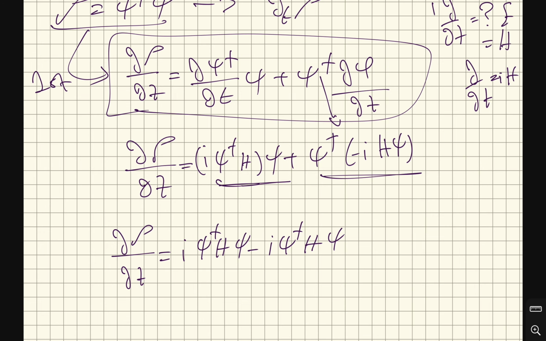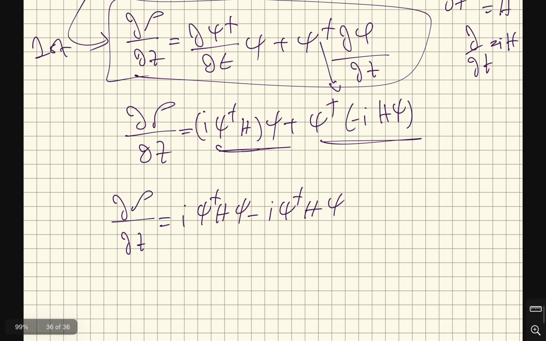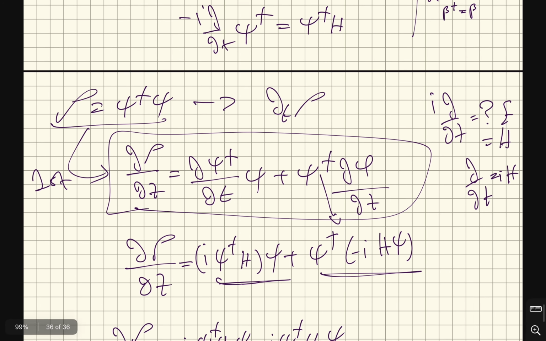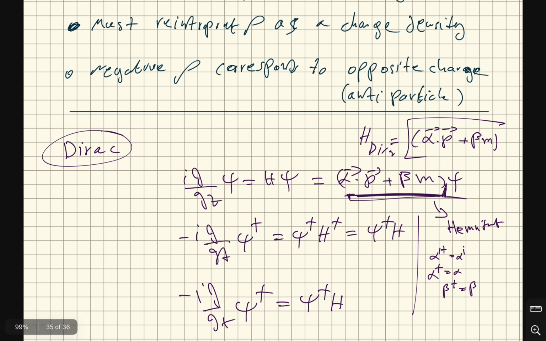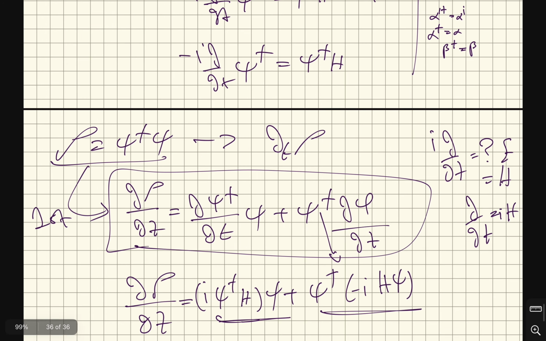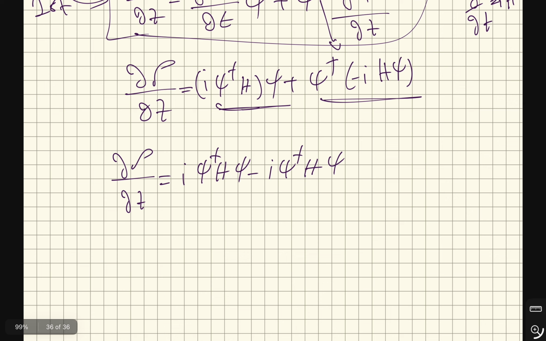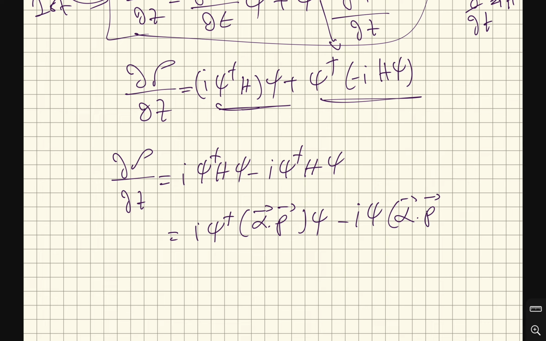But we know that the Hamiltonian here is this guy, and if we take the derivative in time, the mass term won't exist. So it will be i psi dagger alpha momentum psi minus i psi dagger alpha momentum psi.